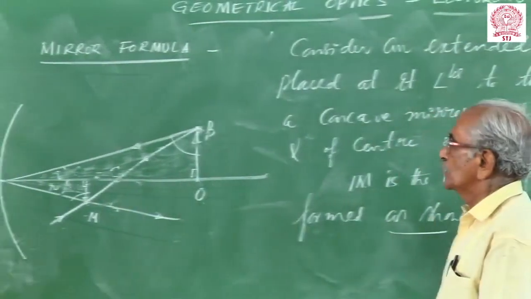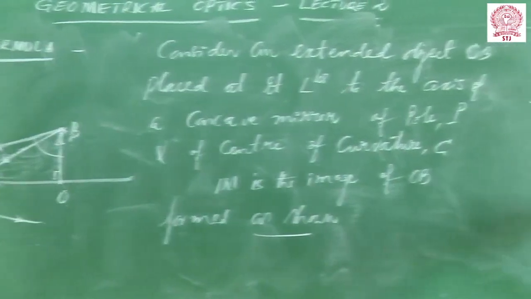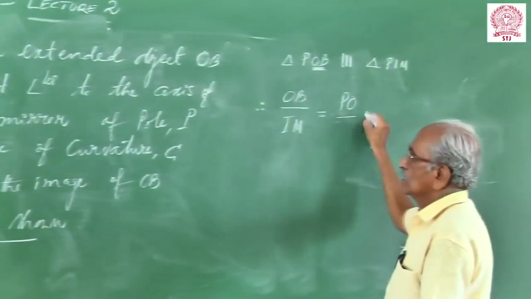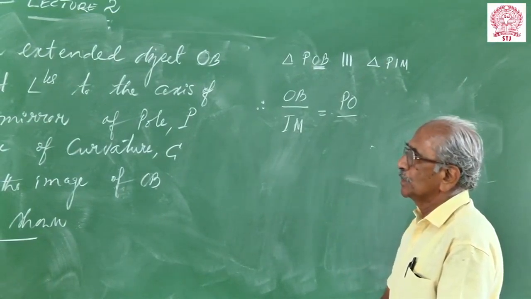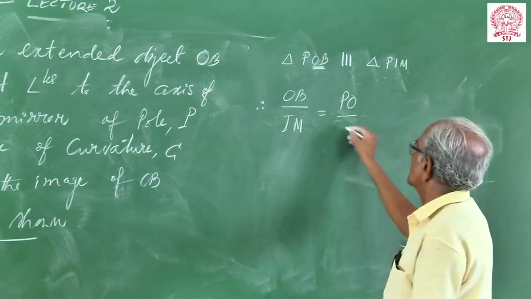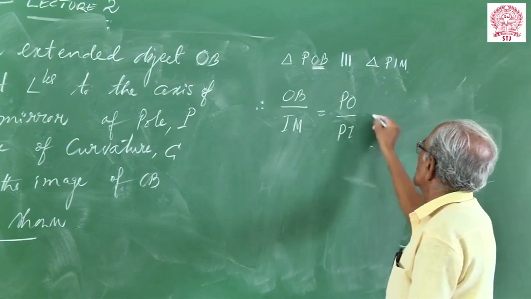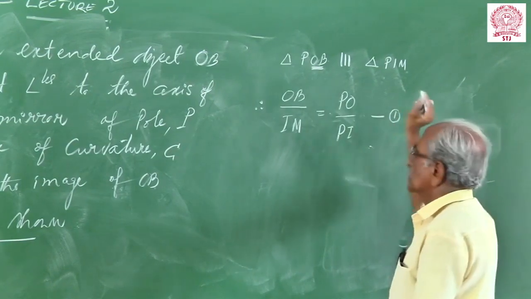Opposite to the third angle OBP, the side is PO. Opposite to the equal angle IMP, the side is PI. I will call this equation 1.